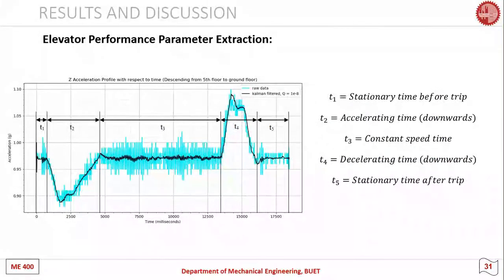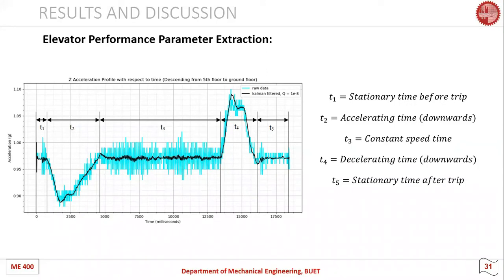Now we'll use the Kalman filter plot in the z direction with process noise covariance of tan inverse 8 to find different performance parameters of a descending elevator.